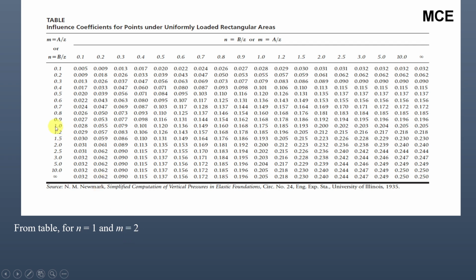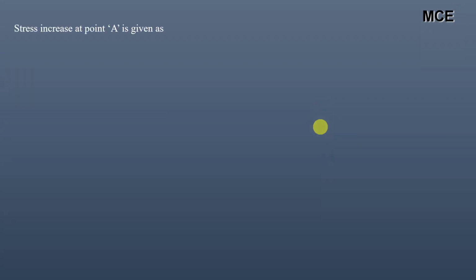You can see that the influence coefficient for N equal to 1 and M equal to 2 is 0.2. So the stress increase at point A is simply the uniformly distributed load multiplied by the influence coefficient, that is q multiplied by I, which is 250 multiplied by 0.2, which is equal to 50 kilopascal. This is the stress increase at point A at a depth of 3 meter.